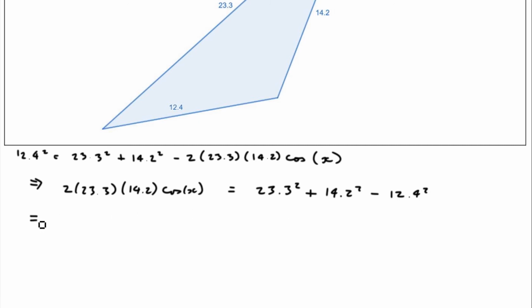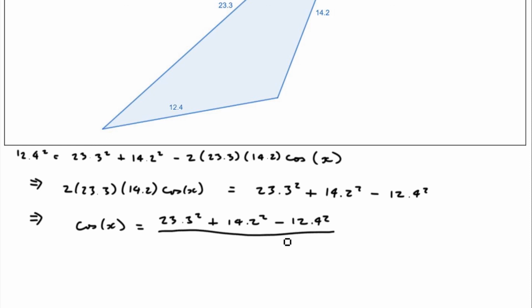Now, if we divide through by the 2 times 23.3 times 14.2, we have that the cosine of x is equal to 23.3 squared plus 14.2 squared, subtract 12.4 squared, all divided by 2 times 23.3 times 14.2.